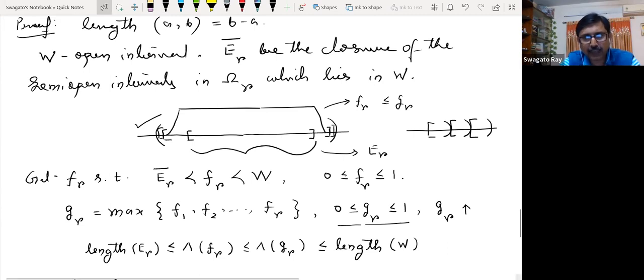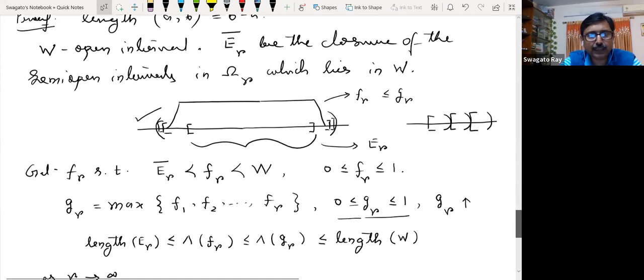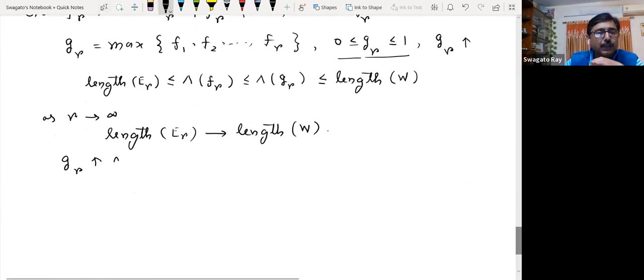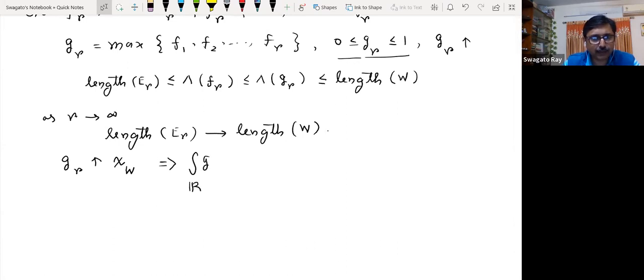So for every x, as you take R towards infinity, these GR(x)s are actually increasing to the indicator function of W. So GR actually increases to chi of W. This implies, by the monotone convergence theorem, integration over R of GR(x) dm(x), that is the measure which came out of the Riesz representation theorem.